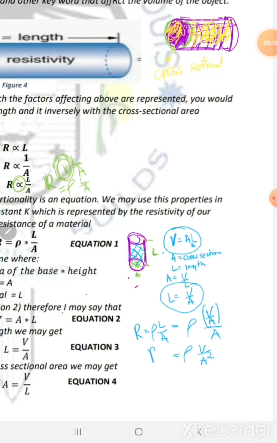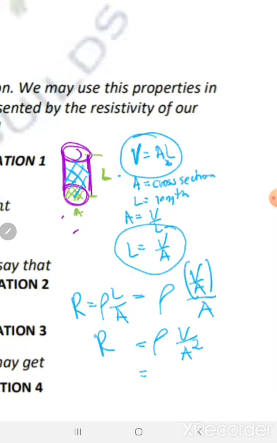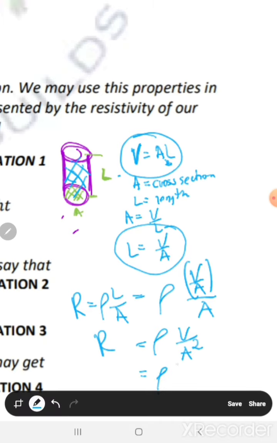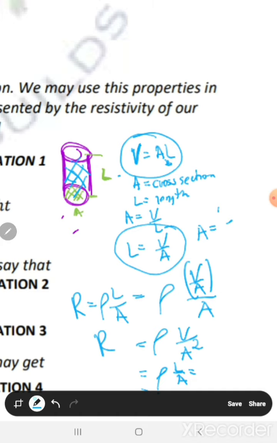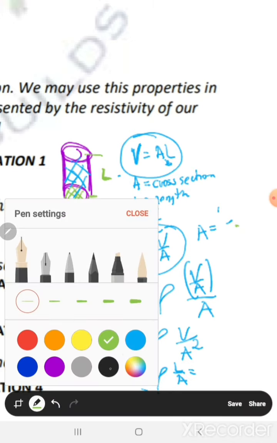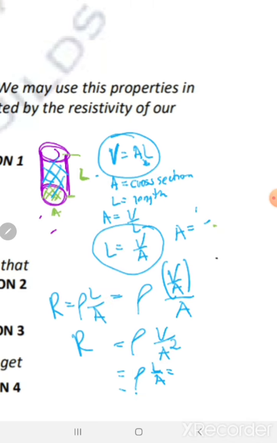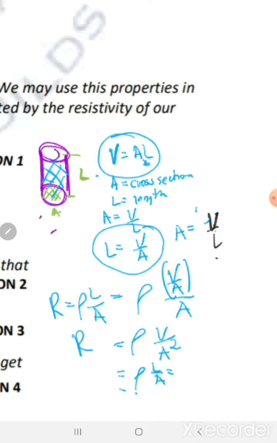That is my R relating to my L is equal to V over A. And it is also equal to rho multiplied by L over A, wherein your A is equal to, gamit tayo ng block, V over L. Okay?